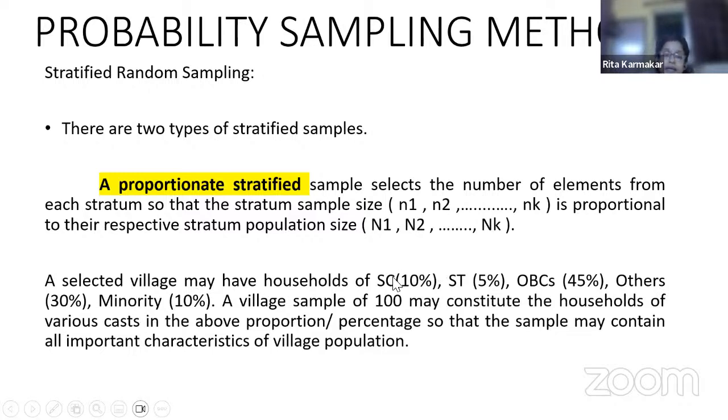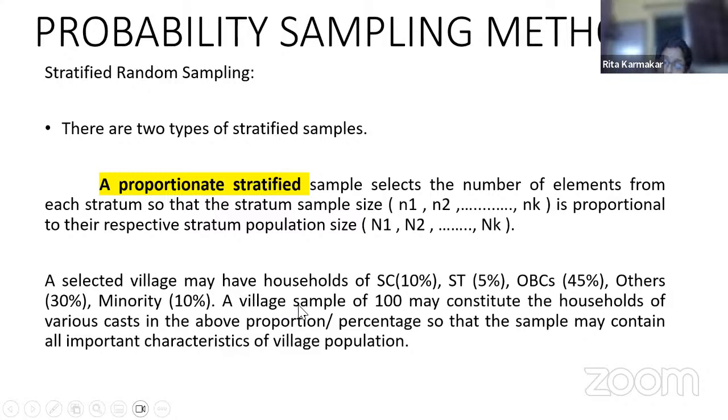Now, as it is proportionate, from each one of these strata the researcher will select based on the percentage of that particular population coming under that stratum. So, for example, SC people are 10% of that village population, ST people 5%, OBC 45%, others 30%, and minorities 10%.